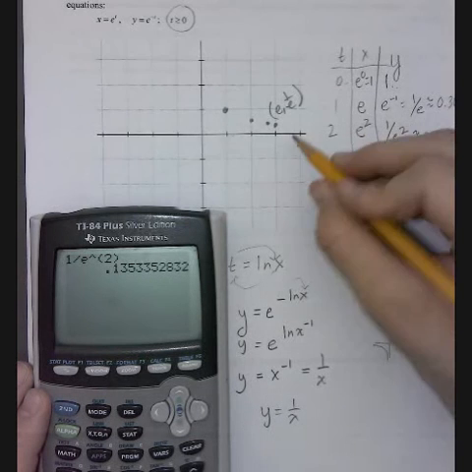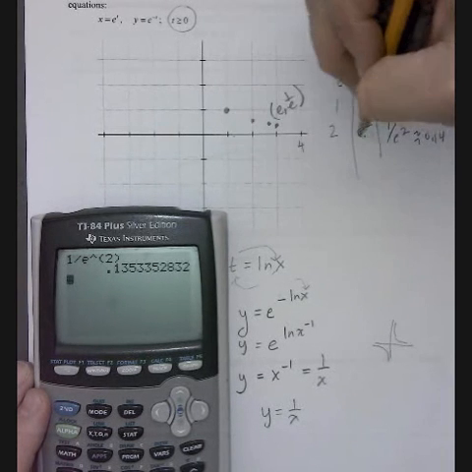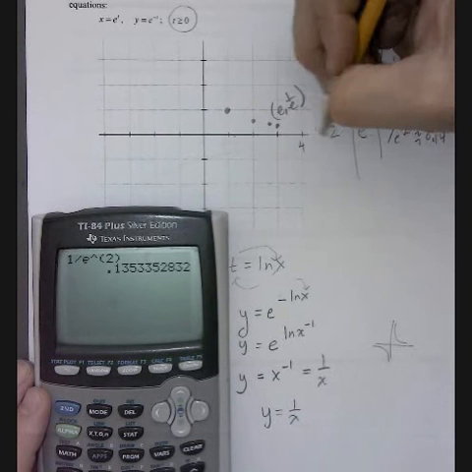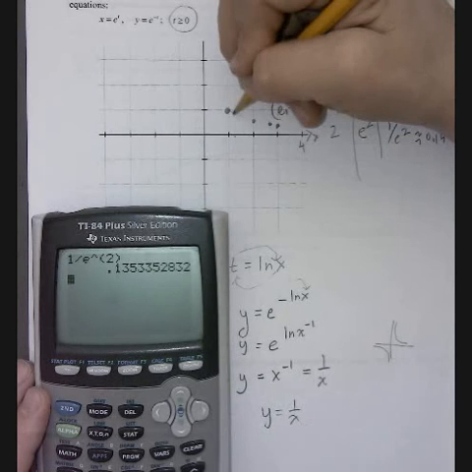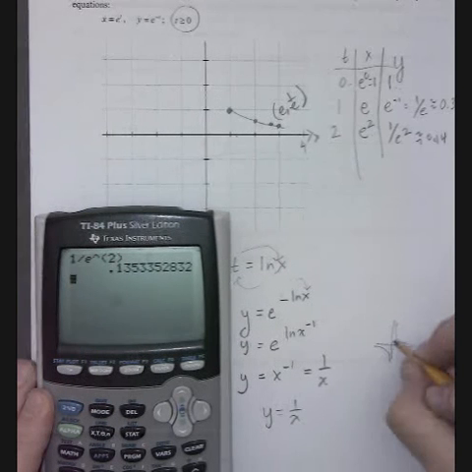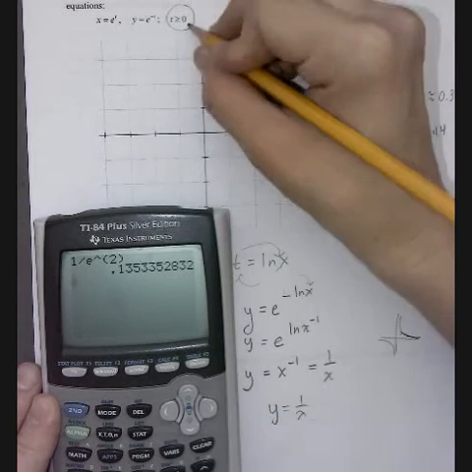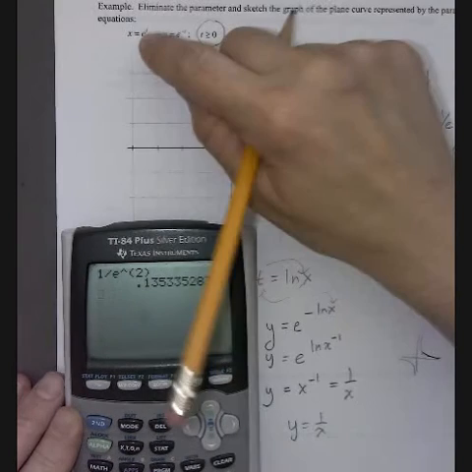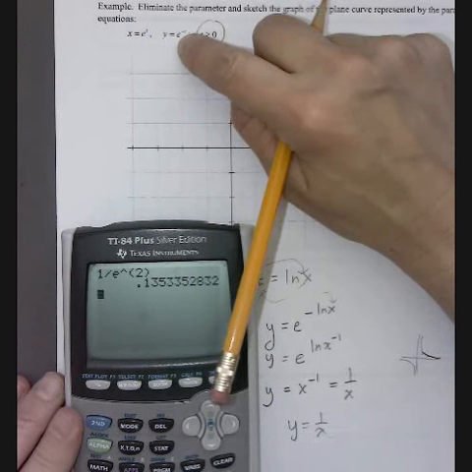Which at least verifies to us that this is approaching the x-axis. And so what we're getting is just this part of the curve. And this keeps going, t keeps getting bigger and bigger. As t gets bigger and bigger, x will get bigger and bigger, but y will get smaller and smaller because it's going to a negative power.